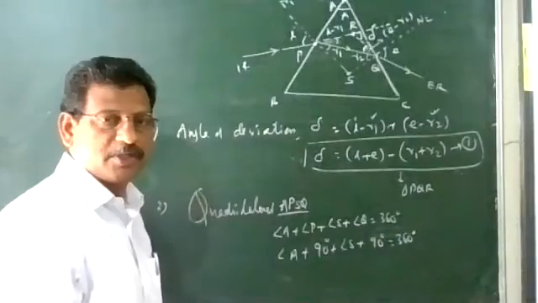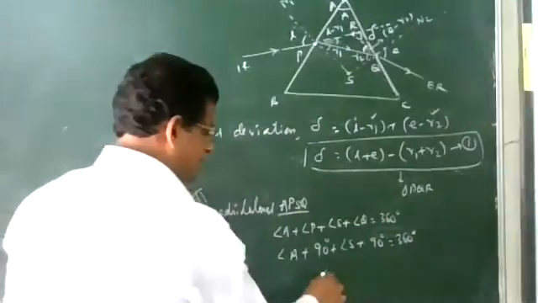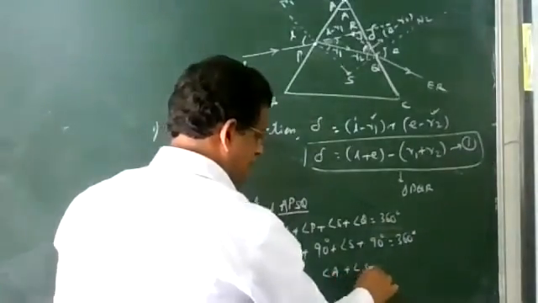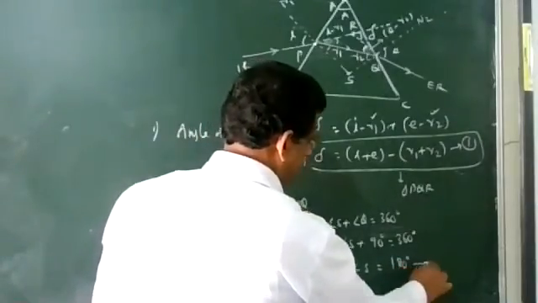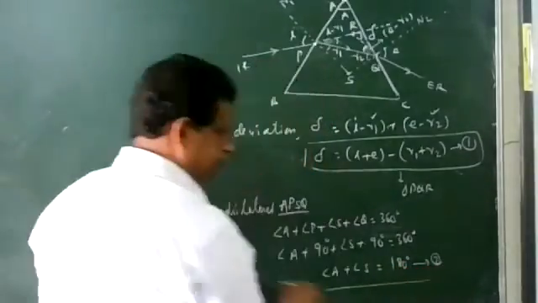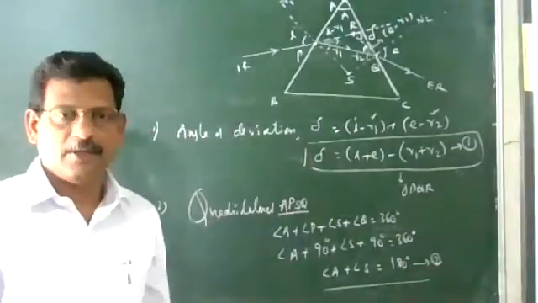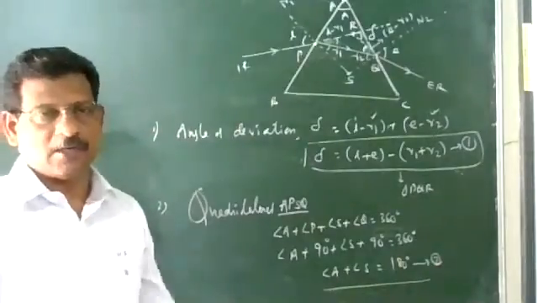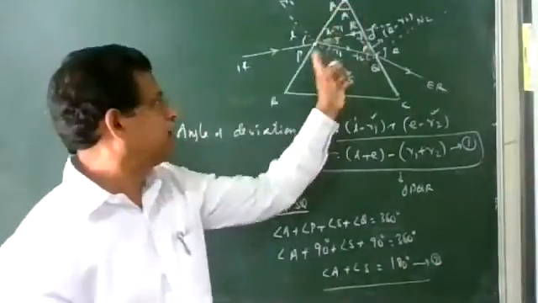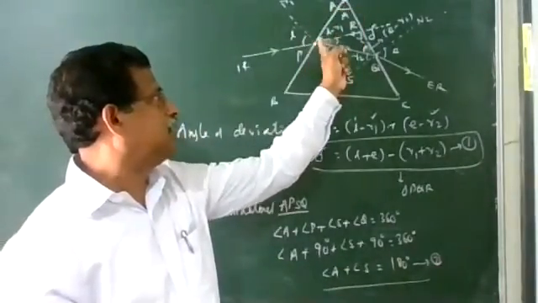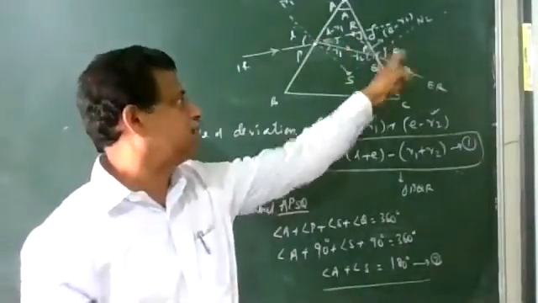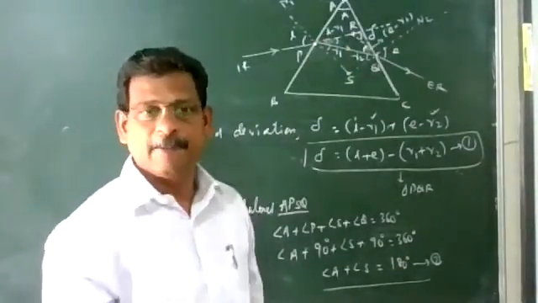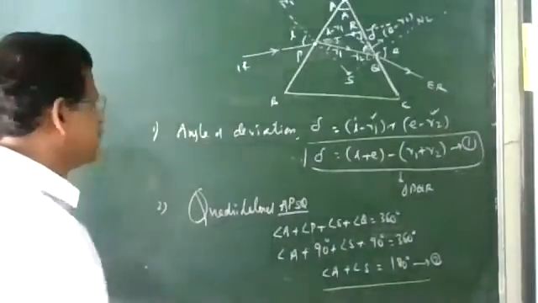So angle A plus angle S equals 180 degrees, equation number 2. Here angle A means the angle of prism, and angle B is made by the normals, so angle B is 90 degrees. Point number 3.